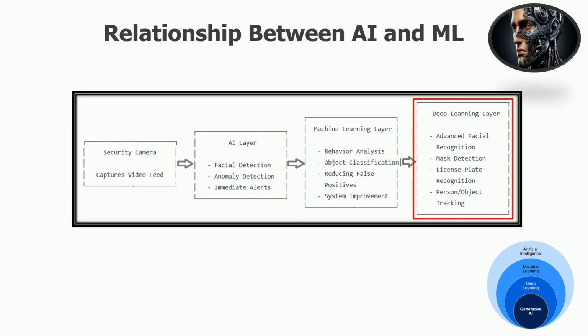You can also see we have another layer, that is the deep learning layer. We'll understand deep learning in the upcoming lectures. So we understood how AI and machine learning work together in the camera.